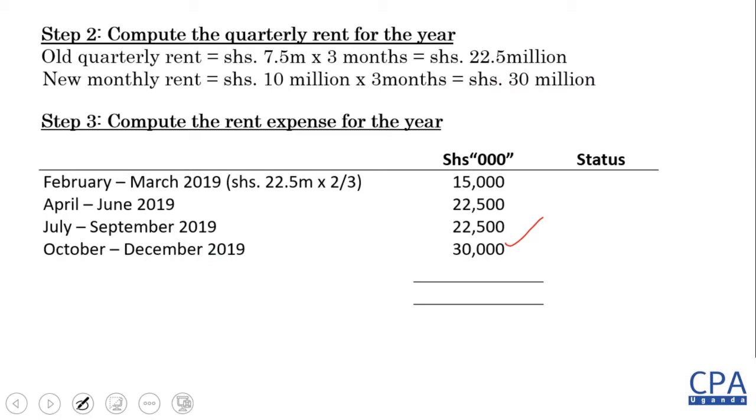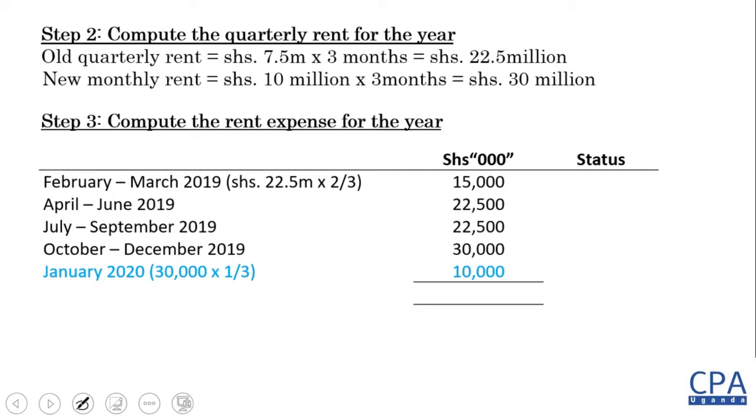The financial year has not yet ended, as it ends on every 31st of January of the following year. So for purposes of this question, the financial year will end on the 31st of January 2020, and that is 1 month. For January, we get the quarterly rent of 30 million times 1 month over the 3 months that make up a quarter, and that gives us the 10 million.